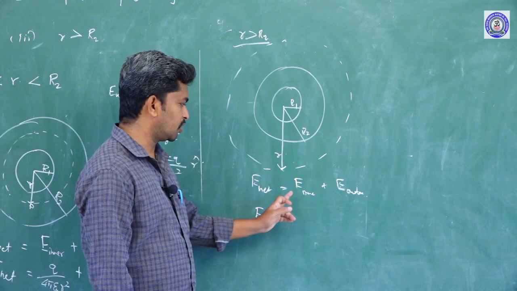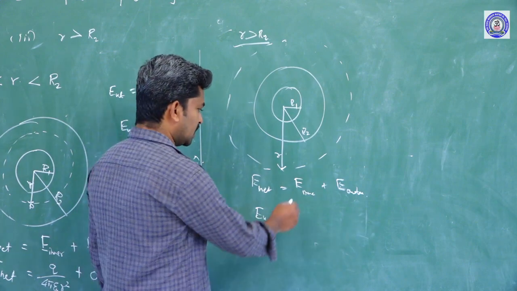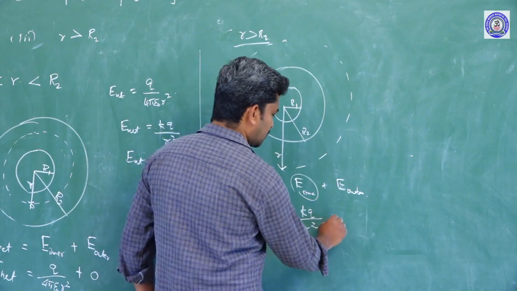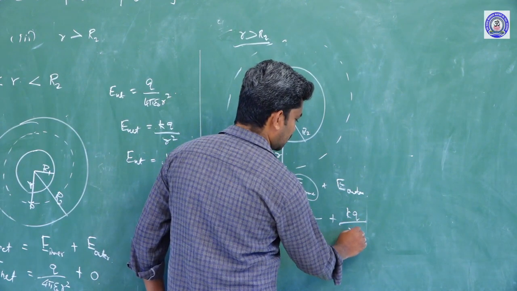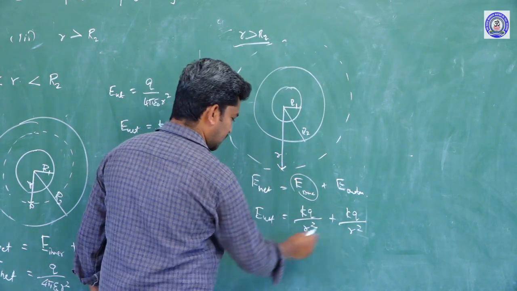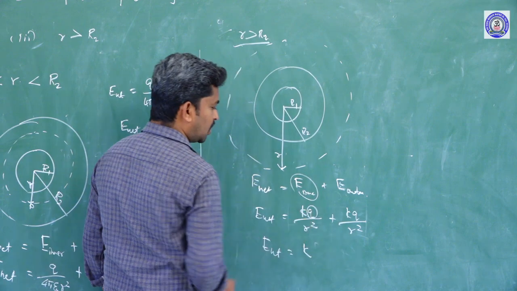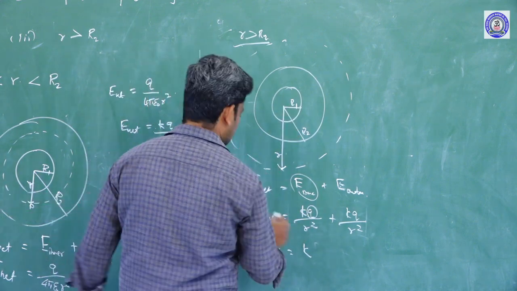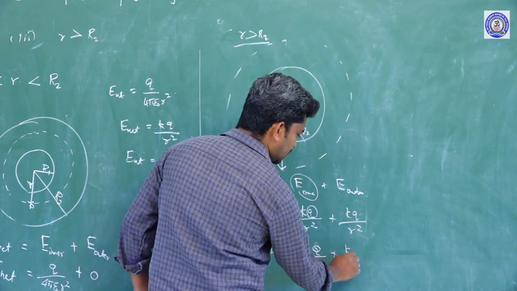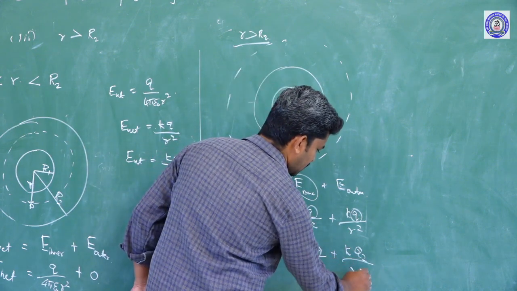The inner sphere produces K Q1 divided by R square, plus the outer sphere of radius R2 produces K Q2 divided by R square.